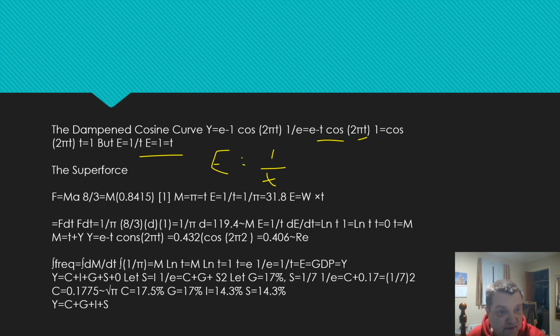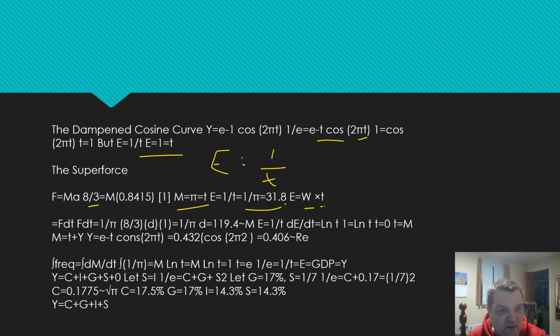So we have the superforce, F equals ma. Superforce 8/3 is equal to m times 0.8415. The m is equal to pi, which is equal to t at the optimum condition, which is 1 over pi, equal to 31.8. Energy is equal to the work times the time. And then we have force times dt.